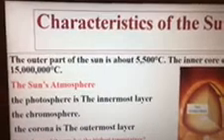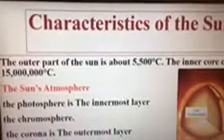Now let's study the characteristics of the sun. The outer part of the sun is about 5,500 Celsius degrees. The inner core could be as hot as 15 million Celsius degrees. This is the inner core. This is the outer core, prominence.